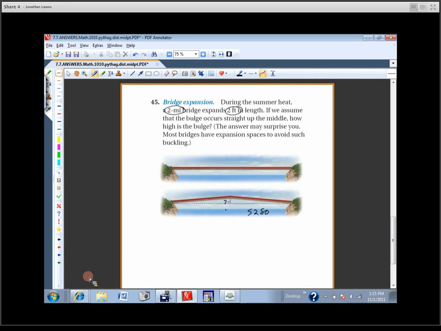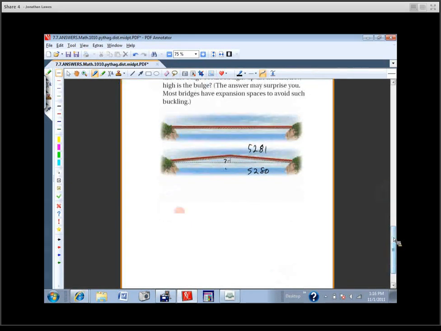Now, if the whole thing is 2 feet longer, how much longer would this side be? It would be 1 foot longer, right? 5281. So I'm going to draw an exaggerated triangle. 5281, 5280.